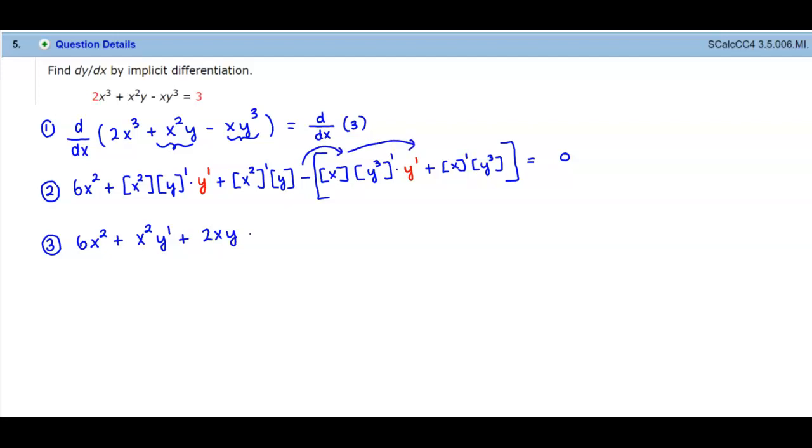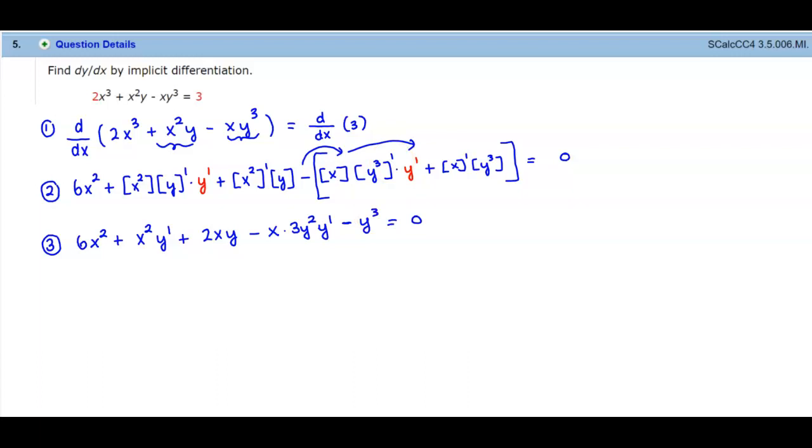So we're going to get minus x times the derivative of y cubed, which is 3y squared times y prime, minus, since we're distributing the minus sign, the derivative of x, which is 1, times y cubed, which is equal to 0.